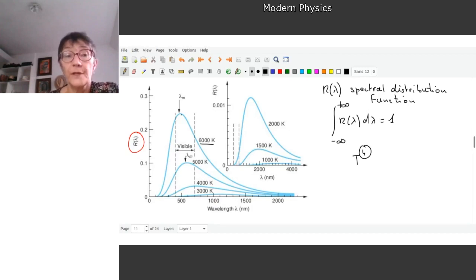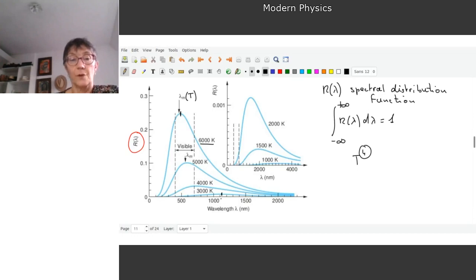The other thing that you are observing, I hope, is that this curve comes from 0 for very, very small wavelengths. You have no emission, it increases, and it has a maximum at a value of lambda, which we call lambda subscript m. This lambda m is a function of the temperature.